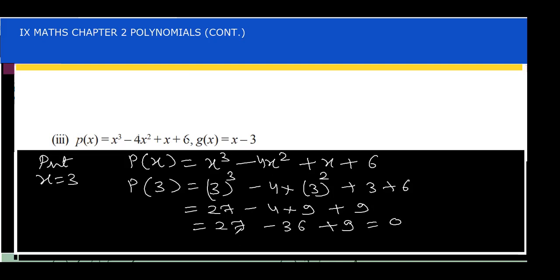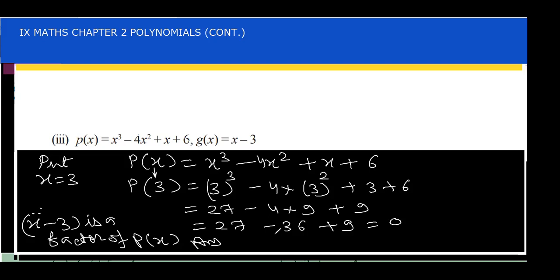So क्या रिप्लेस करने की वजह से, when we replace x by 3, then the value of the polynomial is 0. That is why therefore x minus 3 is a factor of the polynomial px, and this is the answer of this question.